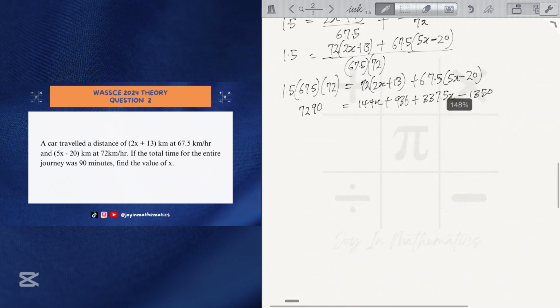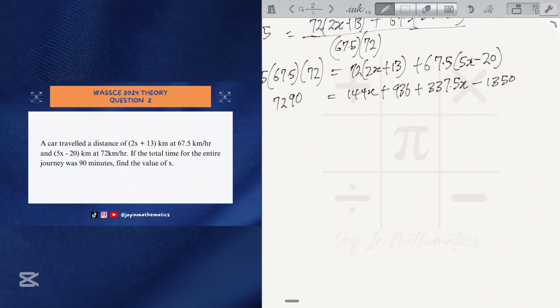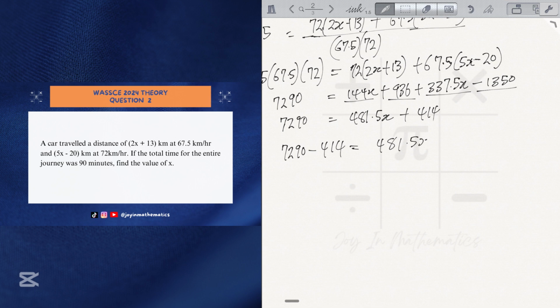Now we can sum up the terms. 144x plus 337.5x gives 481.5x, and 936 minus 1350 leaves minus 414. So we bring 414 to the left hand side, and we have 7290 plus 414, which gives 7704, equal to 481.5x.